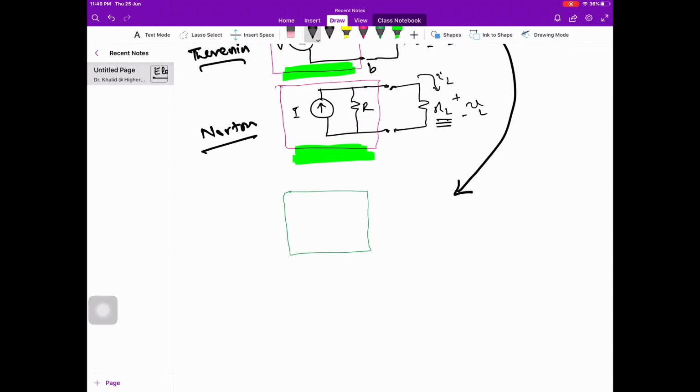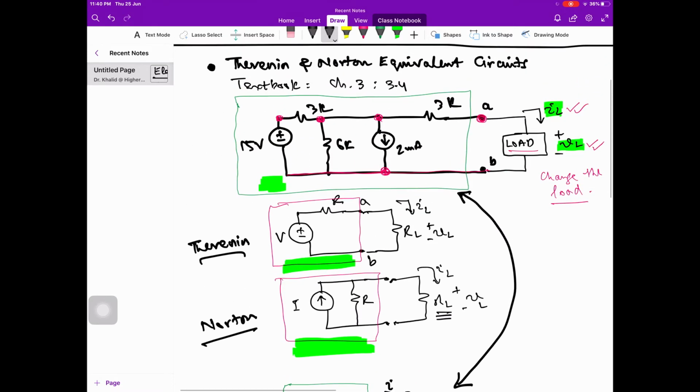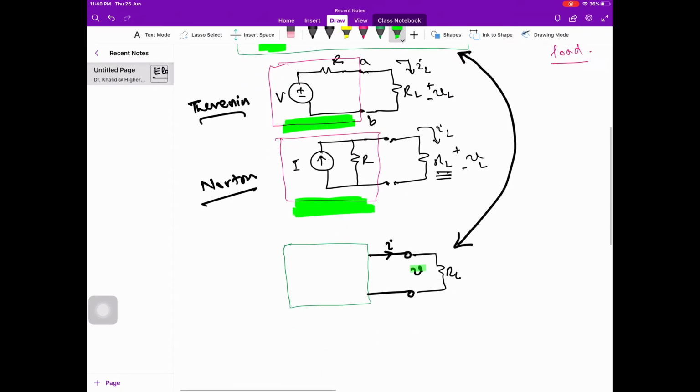Whatever is in the equivalent circuit over here, if the voltage and current with a load are the same as in the original circuit over here, that is, if this voltage and this current, and this voltage and current, are the same, then these two are equivalent.